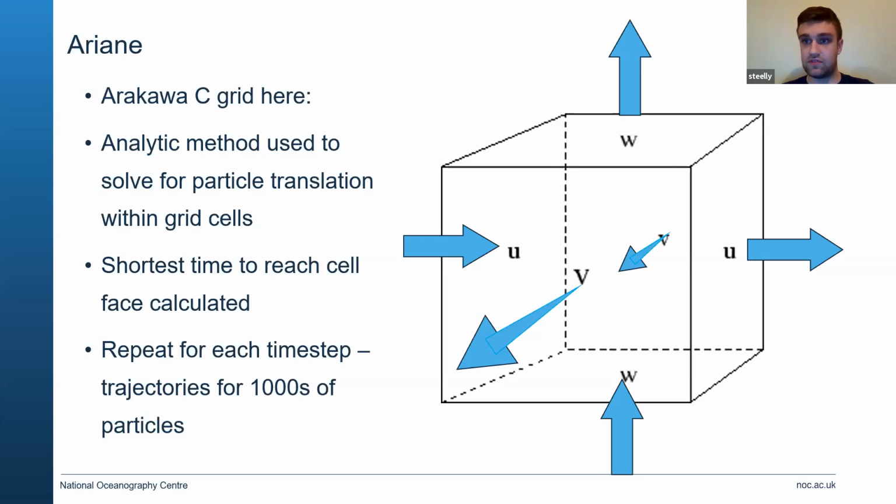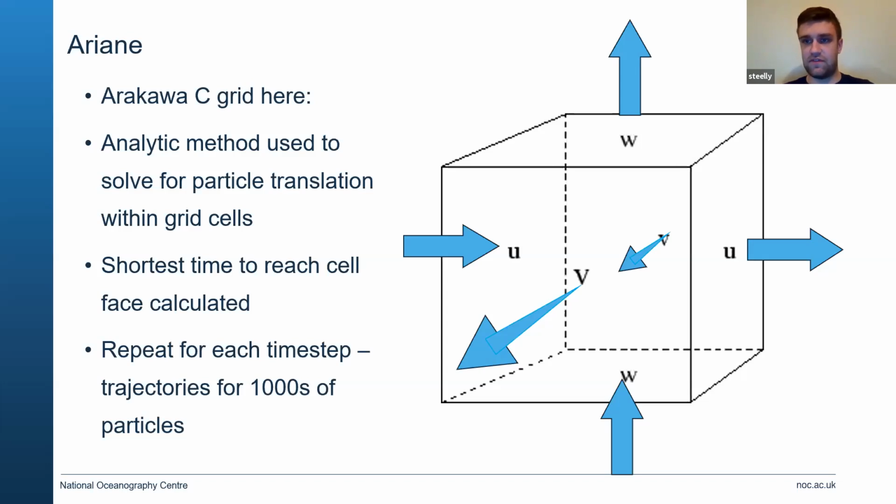And for the particle tracking package, I use Ariane, but TrackMass or Parcels or various other software packages are available. It works by calculating the timescale required to get from wherever your virtual particle is in the model grid cell to each of the grid cell faces. And then the shortest timescale corresponds to the one that adds to the trajectory. You then repeat this for the next grid cell, and so on. You can build up a long model trajectory.